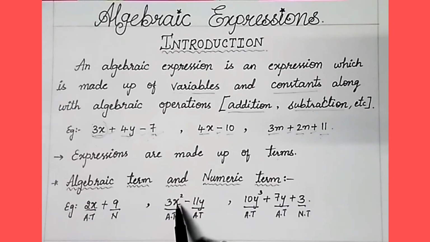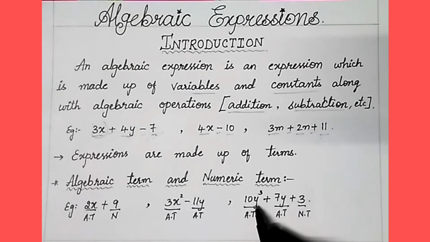Here, in 3x square, x square is there with 3. So here it is an algebraic term. This is minus 11y. With 11, it has y. y is a variable. So this is an algebraic term. 10y cube.